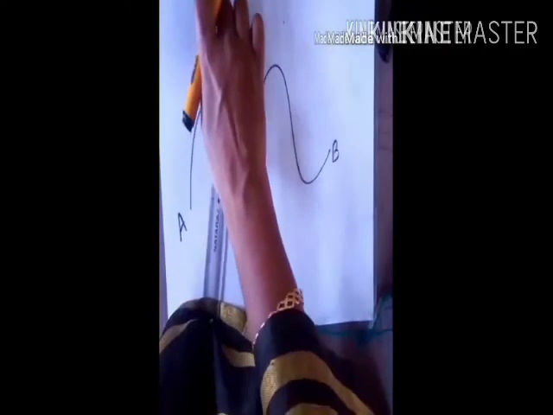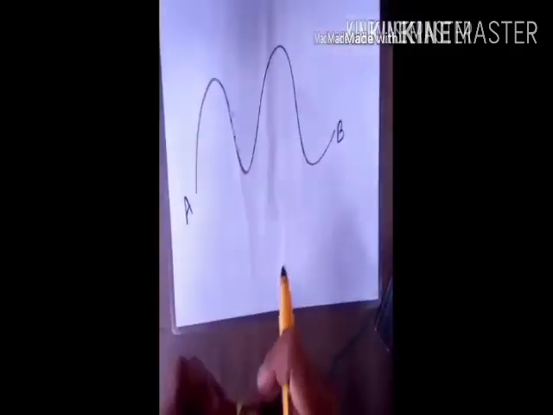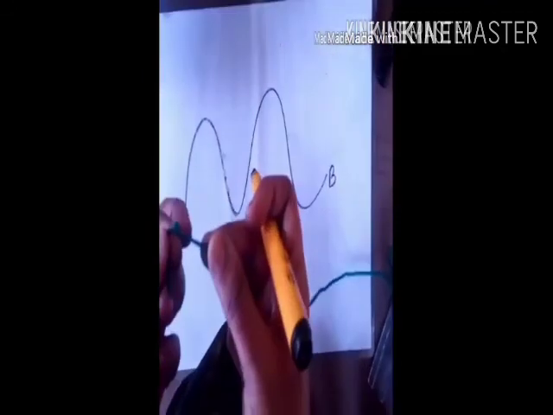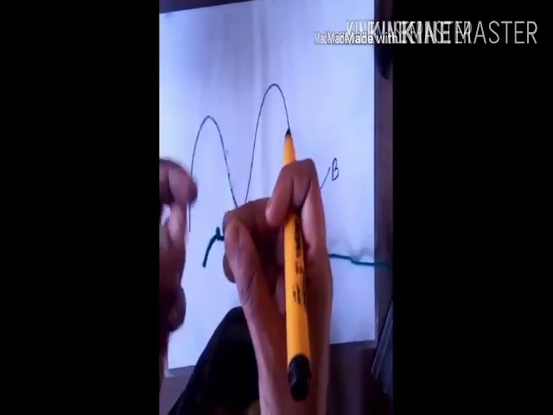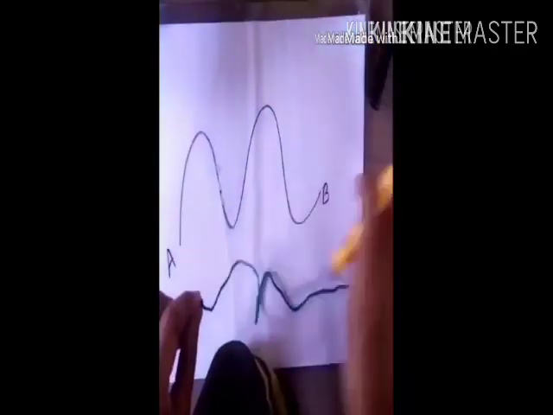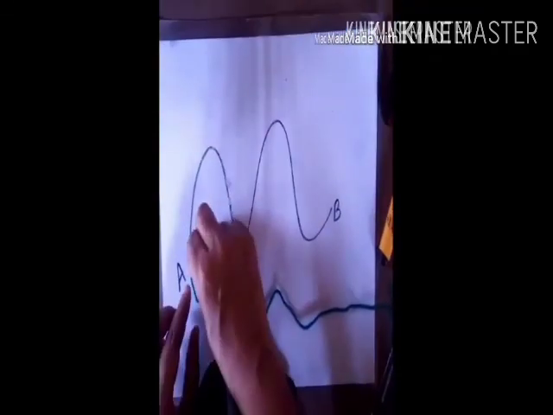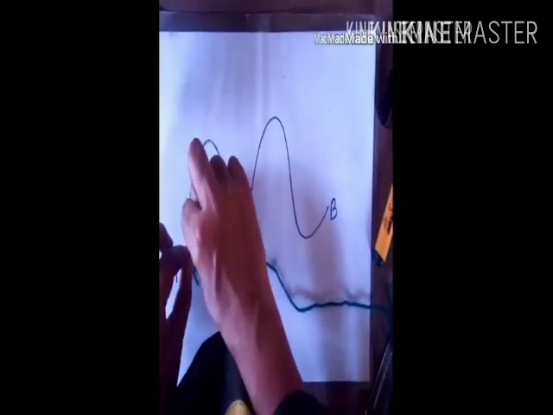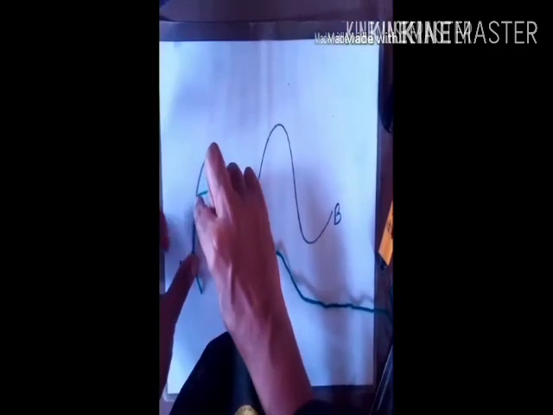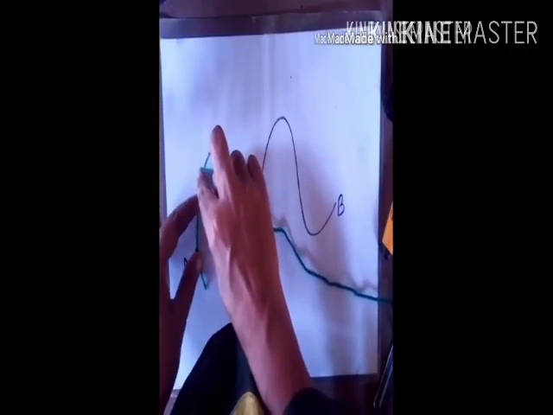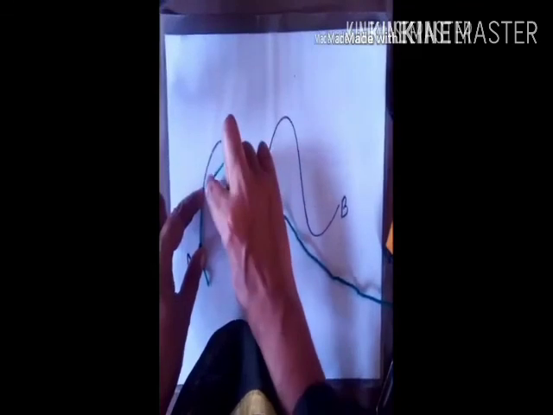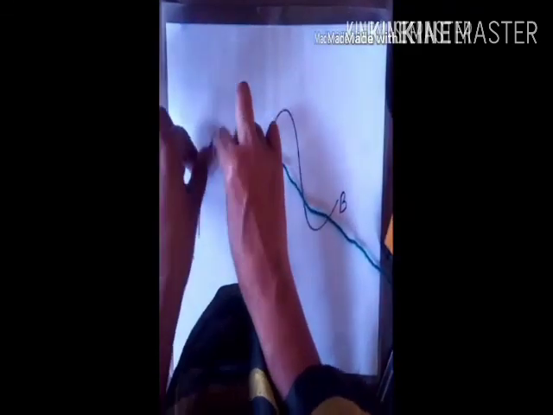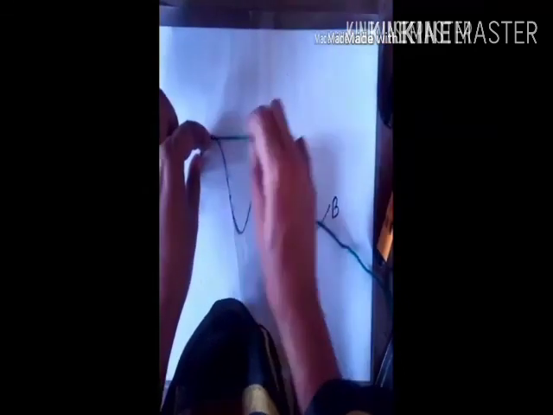So what do you have to do? We have to take a thread. I have taken a woolen thread. Now I put one knot at the end, and keep this knot at the end A and keep one finger over here and move the thread along the line. Keep one finger, then take this finger, keep the other finger over this, and this way you have to cover the whole length.